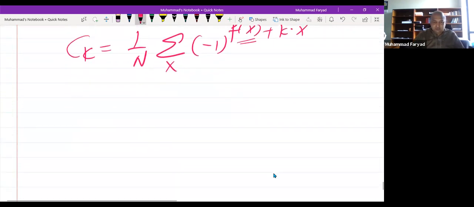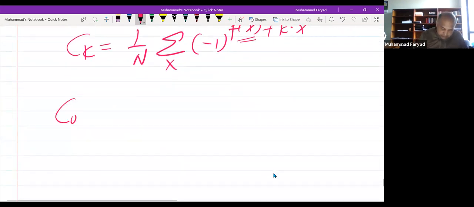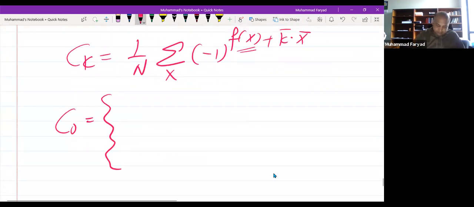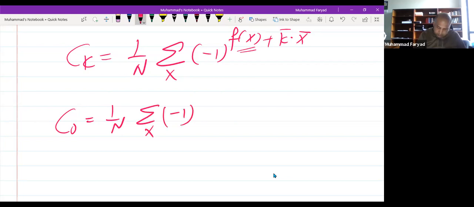So let's compute this coefficient c0. c0 is 1 over n sum over x minus 1 power f of x, because k is 0, so k dot x goes away, and I only have minus 1 power f of x.